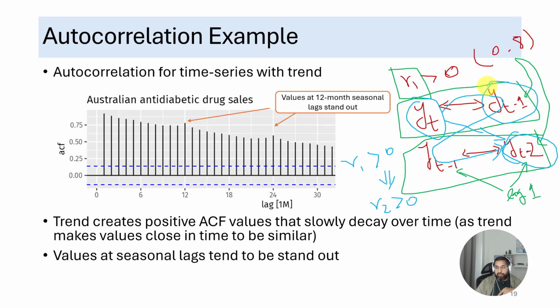Because the middle value, so you have this, this, this. So R1 means these two values are related. That's R1. R1 also means these two values are related. So this will create a relationship between this and this. And that will be R2. So R1 creates an R2 and an R3. So which is why this being significant is going to create correlation at R2, R3, R4.